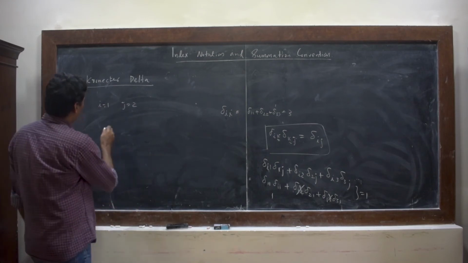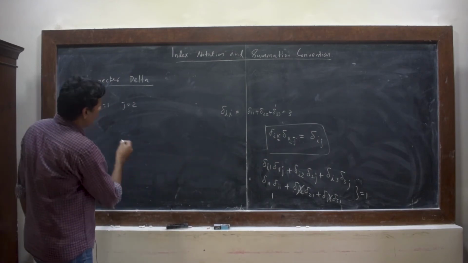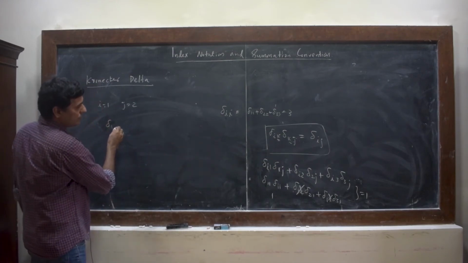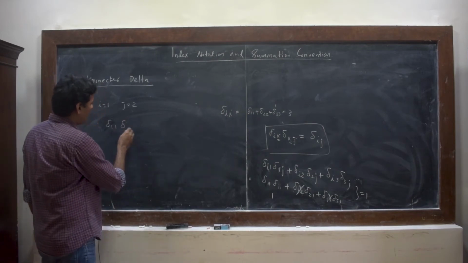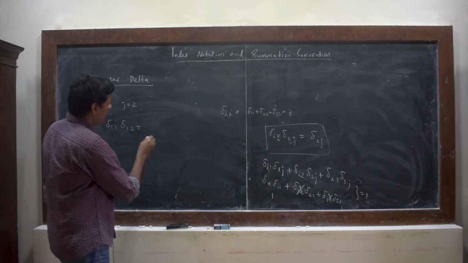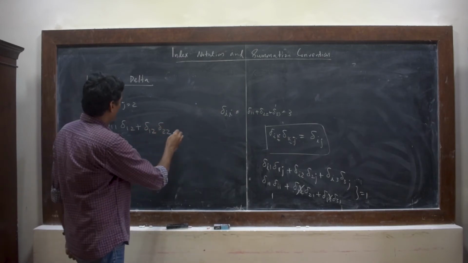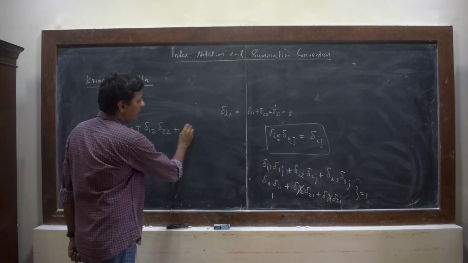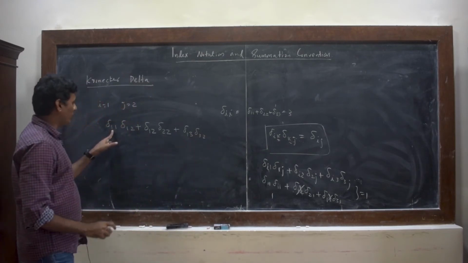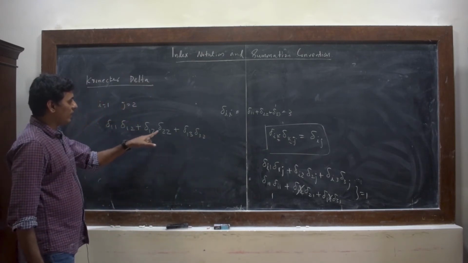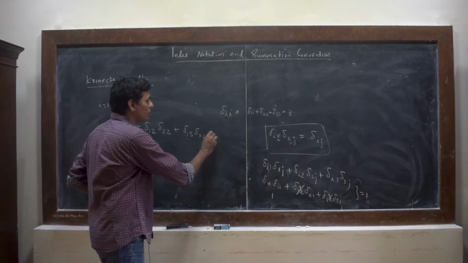In that case this will be equal to delta 1 1, delta 1 2 plus delta 1 2, delta 2 2 plus delta 1 3, delta 3 2. Delta 1 1 is 1, but delta 1 2 is 0. Here delta 2 2 is 1, but delta 1 2 is 0. Here both delta 1 3 and delta 3 2 are 0, so you will get 0.